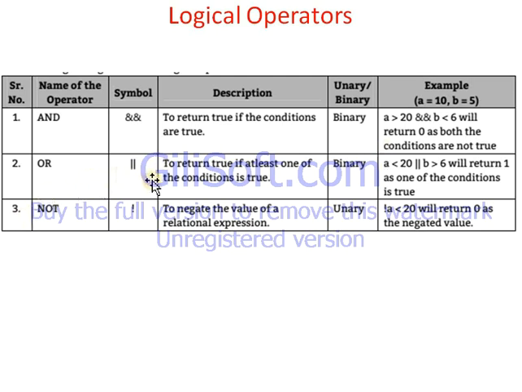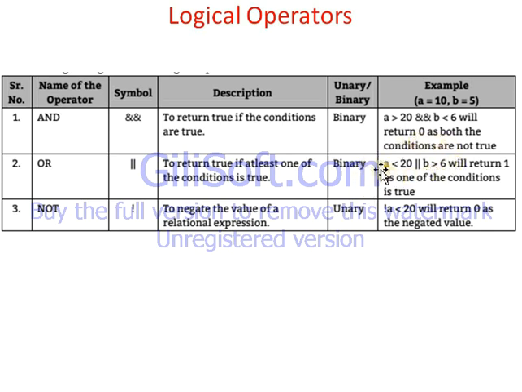Next, or is used to return true if at least one of the conditions is true. For the and operation, both conditions must be true. Here at least one condition must be true. For example, a less than 20 or b greater than 6.